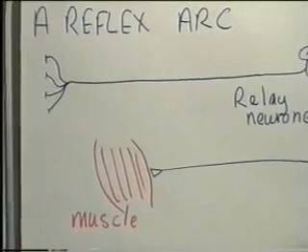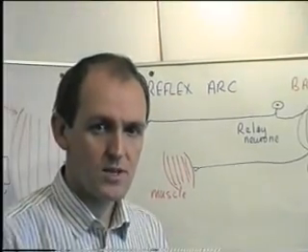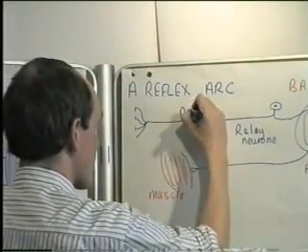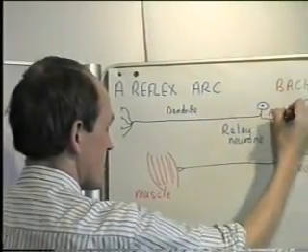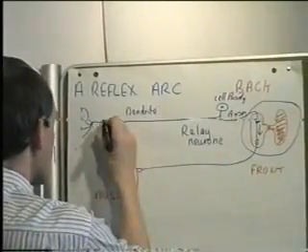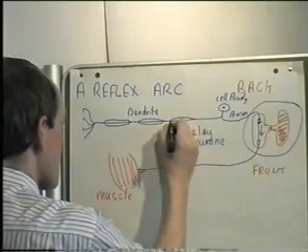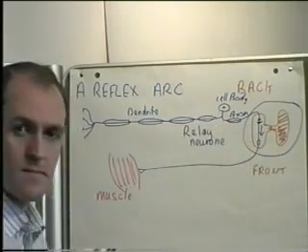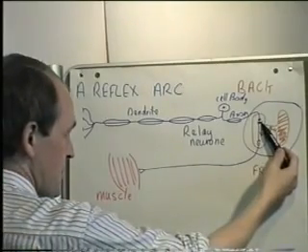So what you could do is take more time now and draw the full diagrams of the motor and sensory neuron comprising these structures. Because they're just the same, this is the dendrite, this is the axon, this is the cell body. Of course, they're surrounded by myelin sheaths. The synapse of the sensory neuron with the relay neuron.